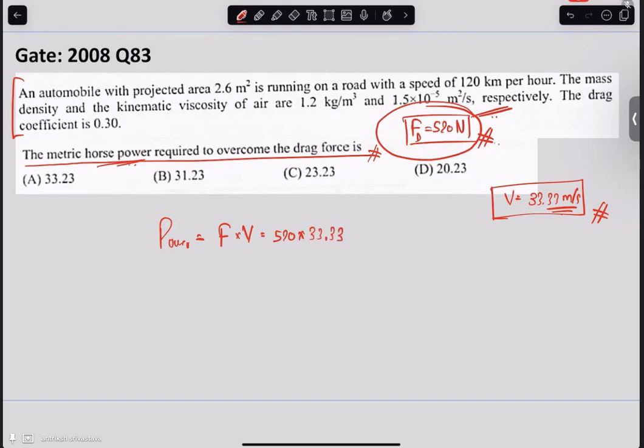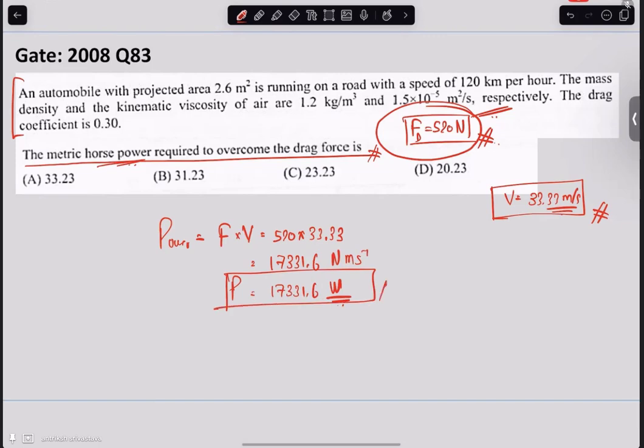That is 17331.6. This is basically Newton meter per second, or you can say watt, right?